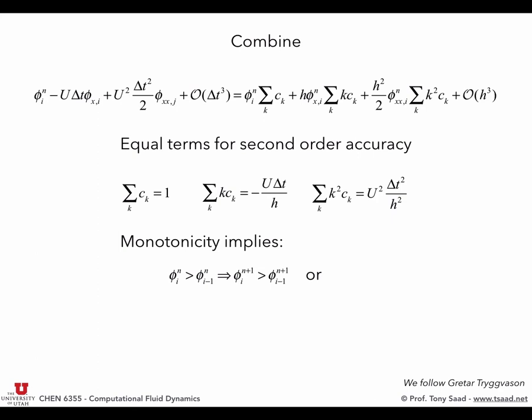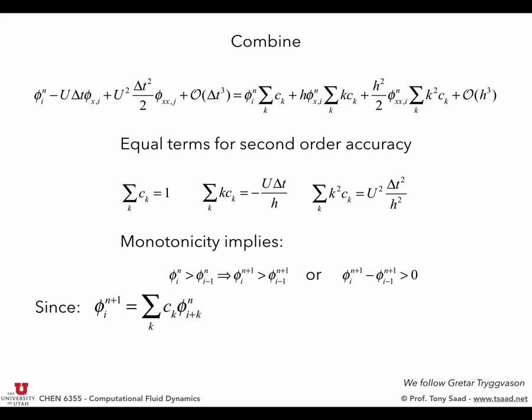So if these points are like this, next time step they're going to remain like this. We're preserving monotonicity. Or in other words, phi_i^(n+1) minus phi_{i-1}^(n+1), the difference between two neighboring points, is positive. In this case of monotonically increasing, you can take the same case for monotonically decreasing.